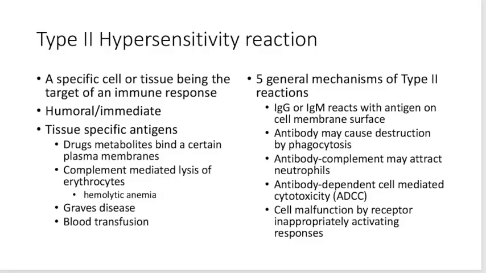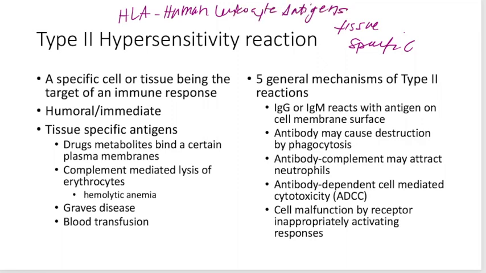So, a type 2 hypersensitivity reaction. This is a tissue-specific reaction. There are specific cells or tissues being the target of the immune response. This has a lot to do with the HLA locus, which is human leukocyte antigen, and with the major histocompatibility complexes as well.